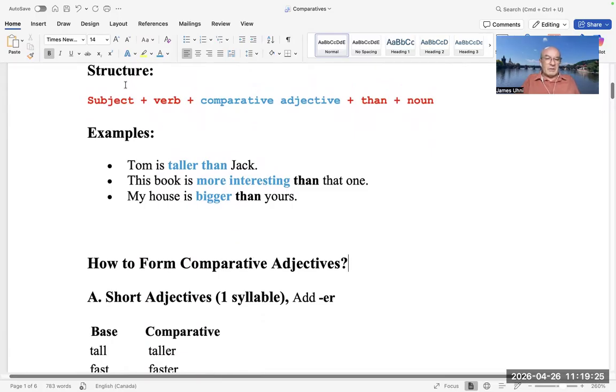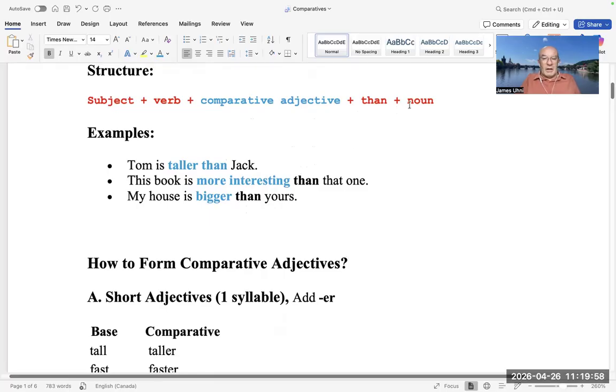First of all, the structure again: subject, Tom, this book, my house. Verb, is, or was, could be in past tense as well. Comparative adjective is in blue, plus than. We use than here, and I use than over here, and here as well.